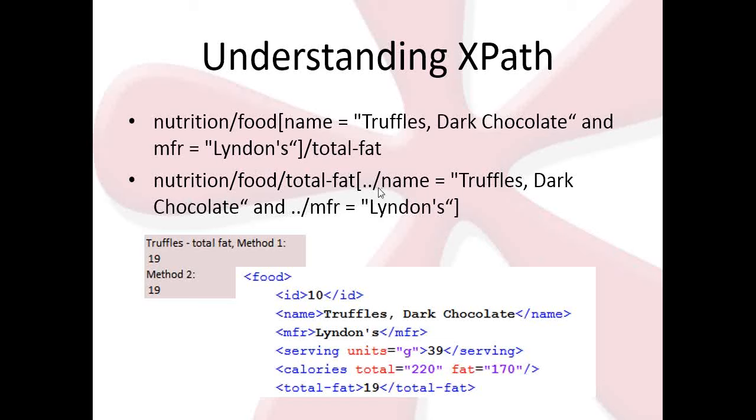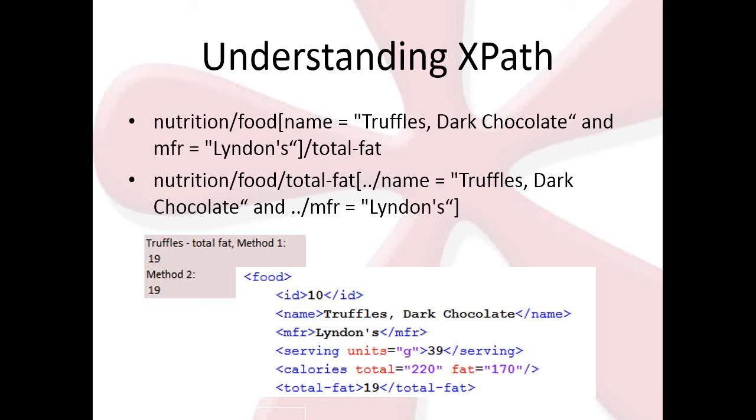And you can see here, with total fat, we have to go back up the tree to get back to the name node for that particular food node. So we go, that takes us back to food, at which point we can select name. And the same with manufacturer. So that's the difference, is we've got this additional step in our XPath to get back to the correct name node for that food node and manufacturer.